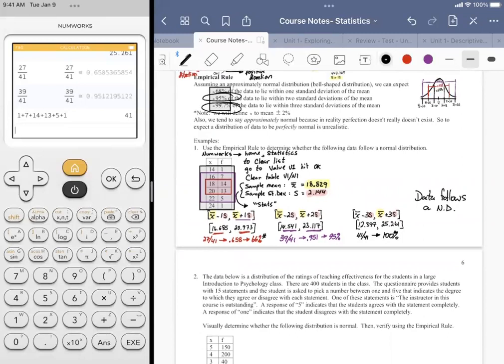Yeah, so because it's right at 95% and it's so very close to 99.7%, we would say the first category is pretty close, the second category is spot on, and the last category is very, very close. So if you can meet those 3 criteria, then you would say the data follows a normal distribution.